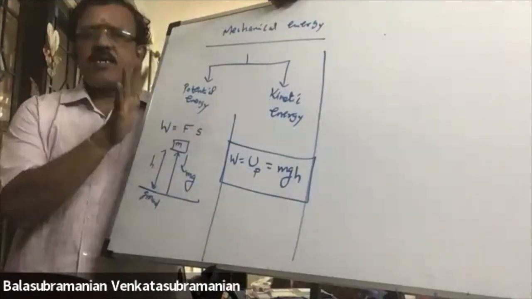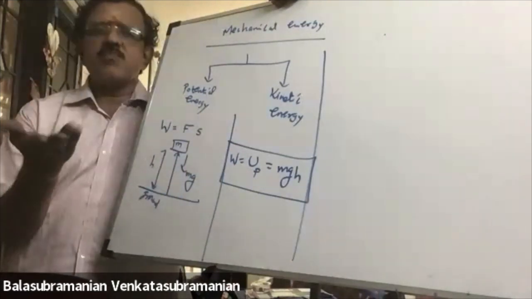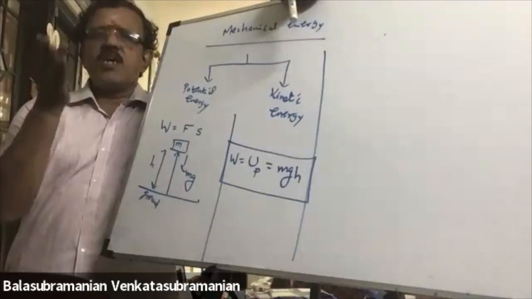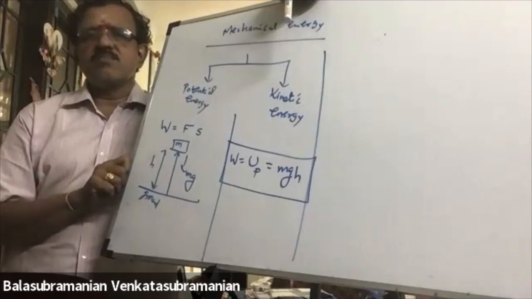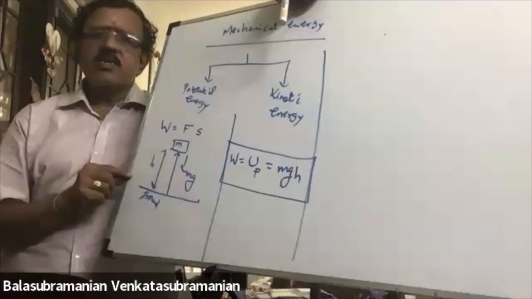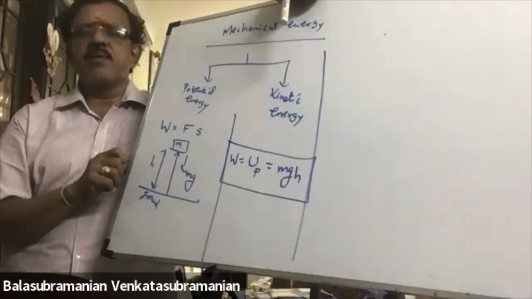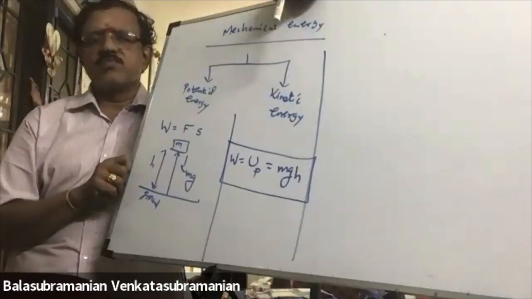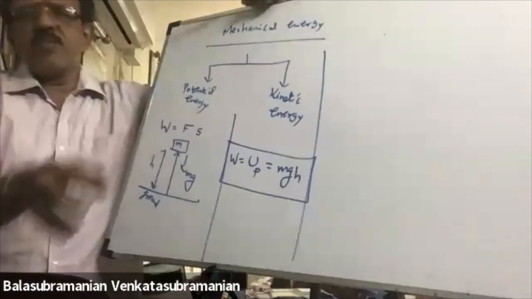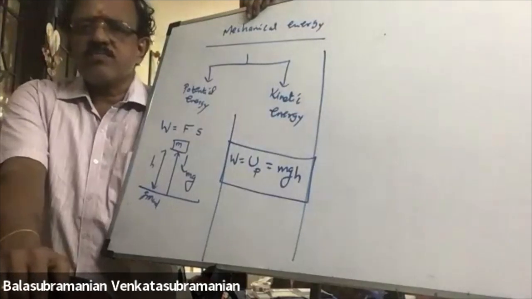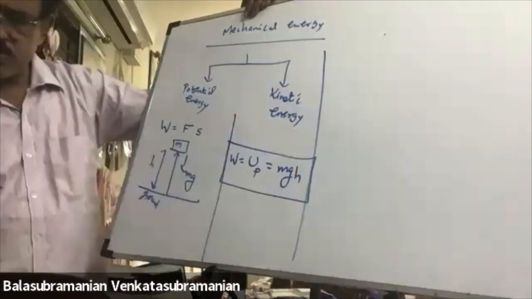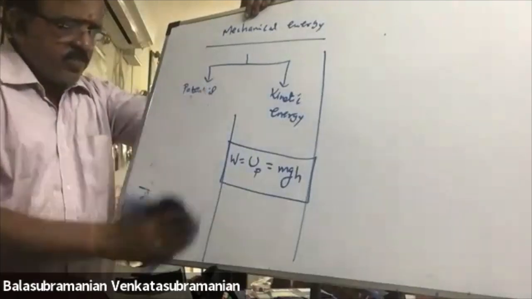You have to remember the work done formula only, because work done and energy both are the same. Capacity of doing work we call energy. Both are the same. Unit wise joule, dimensional formula ML square T power minus 2. Whatever you have studied for work is applicable for energy. Correct? So this is mgh, the expression for potential energy.